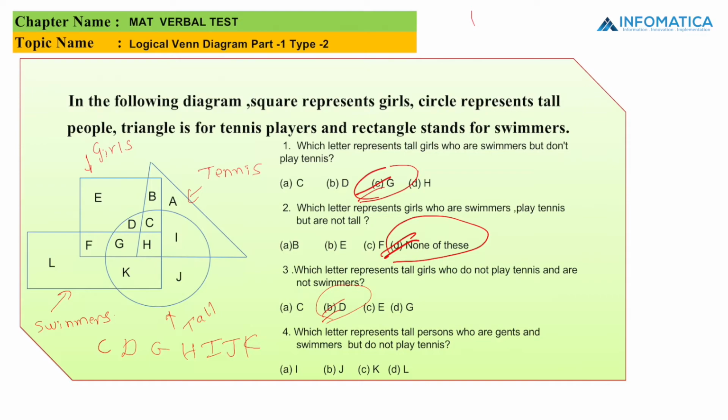So now let us find it out. So as per this, we should take all the options which are having the rectangles too. So if I talk about a rectangle and if I see all these letters, I will get the answer to be capital letter K. So K is one kind of a person which represents tall persons who are gents and are swimmers but do not play tennis. So the answer to this question will be option C.